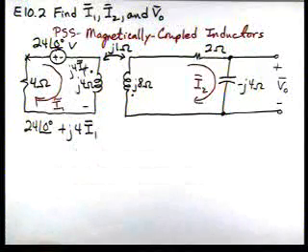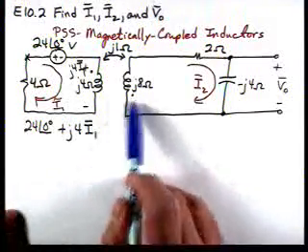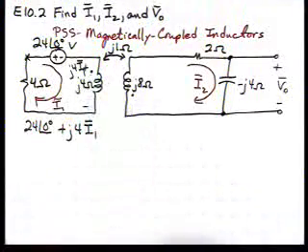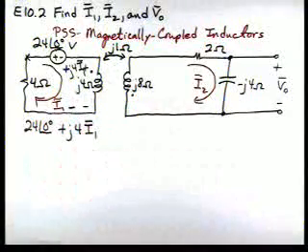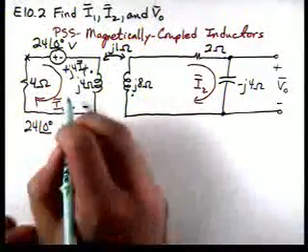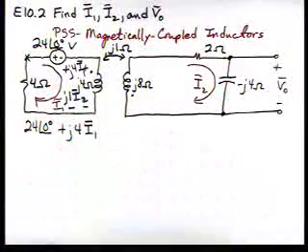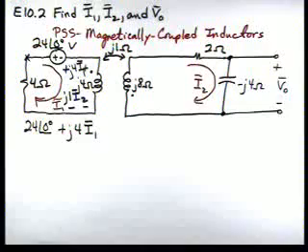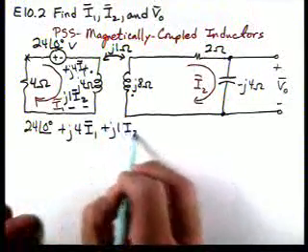Now, the current enters the dot over here, so it's going to produce a voltage that's plus at this dot. So we'll have another voltage term. That'll be J1 times I2, so we'll have a term J1 I2.